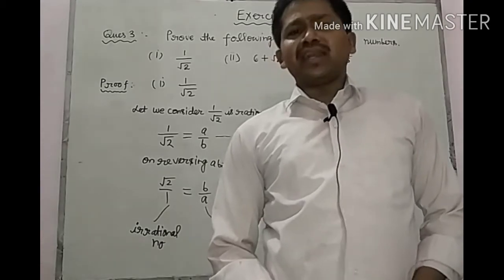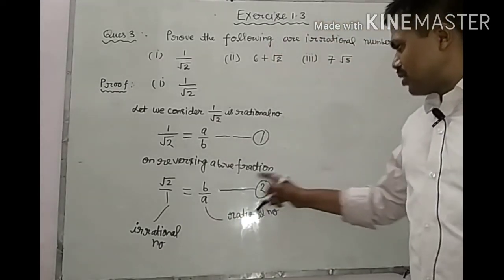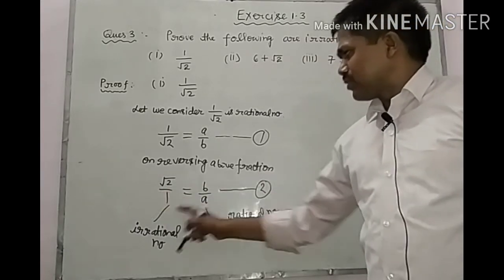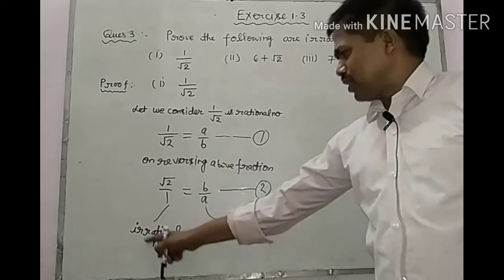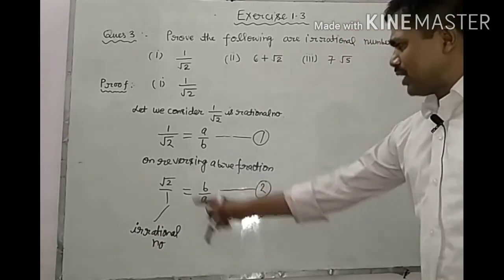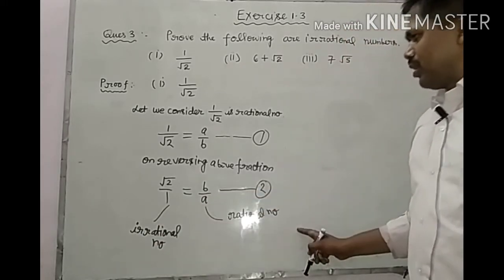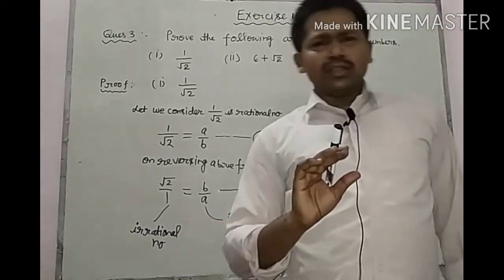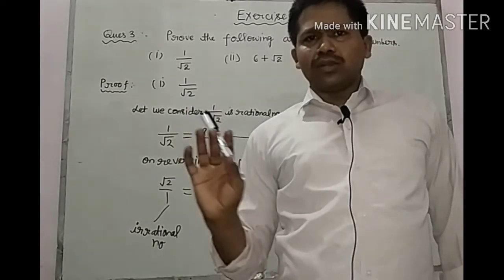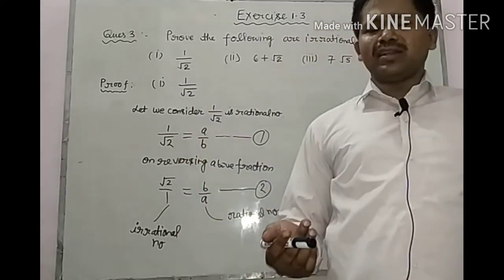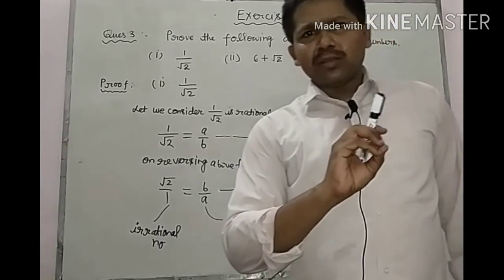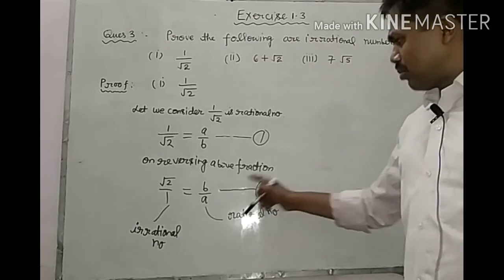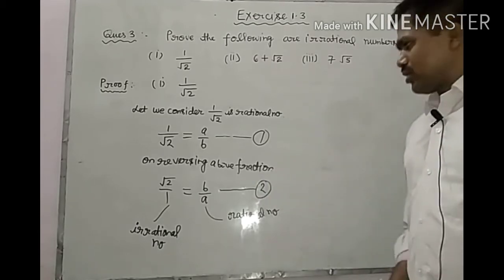An irrational number and a rational number never become equal. So equation number 2 is wrong.